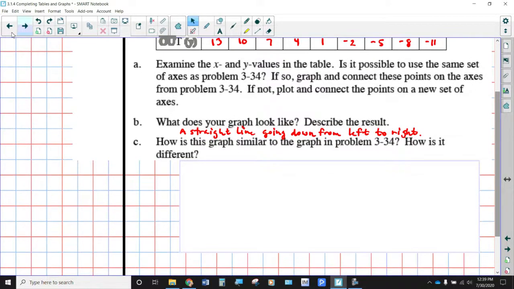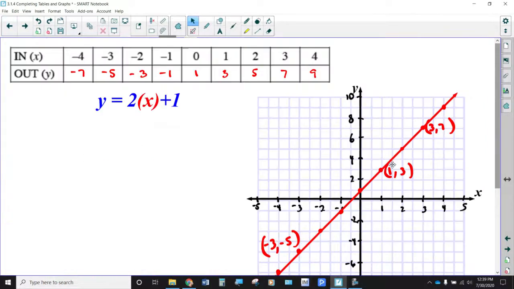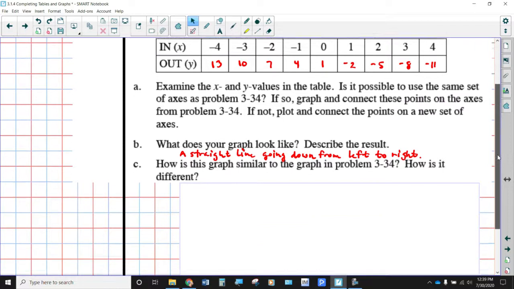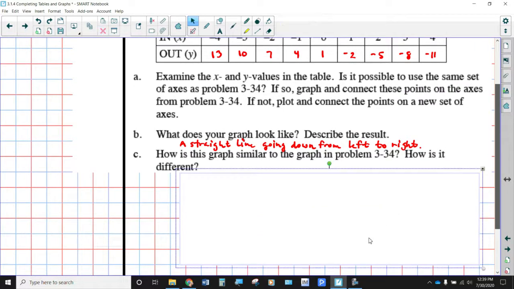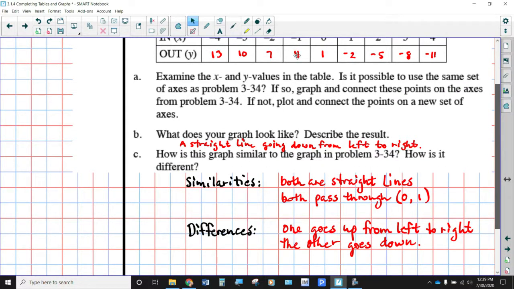Now, how is this graph similar to the previous one? Well, this one was also straight, correct? But the difference is that this one is going up when you read it from left to right. So as x increases, y also increases. So a couple similarities, a couple differences. They're both straight lines, and they both pass through 0, 1.